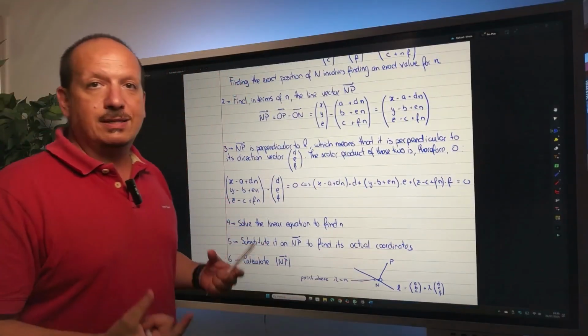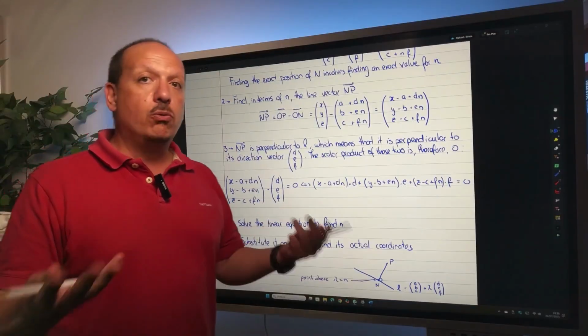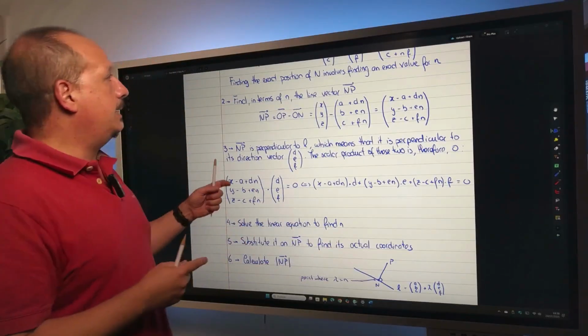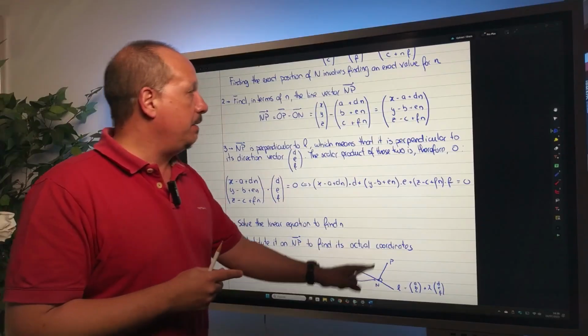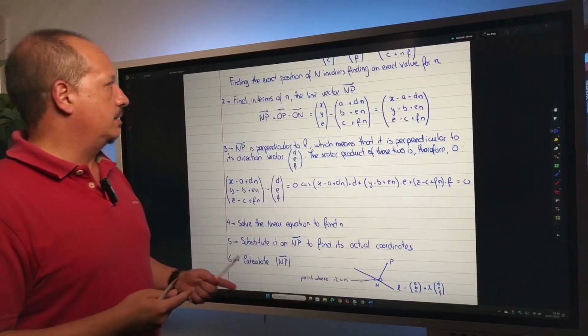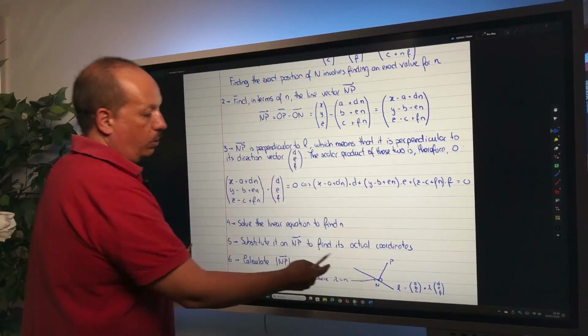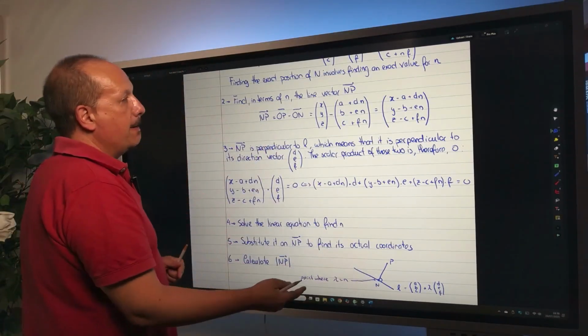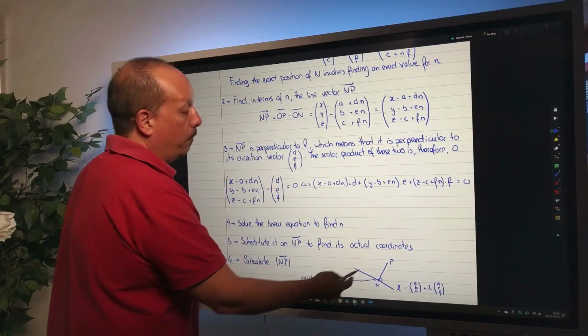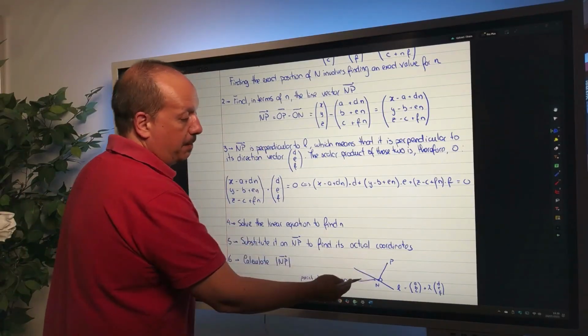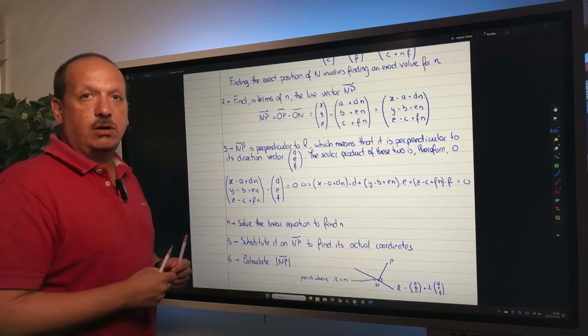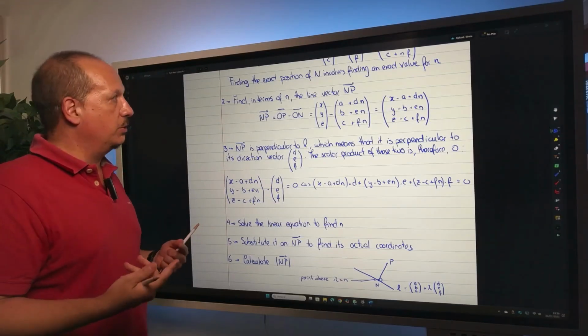If what we want is the magnitude of NP, we first need the vector NP. How do we do that? Well, NP is going to be equal to OP, the position vector of P, minus ON, the position vector of N. Makes sense, we already know that for a long time.